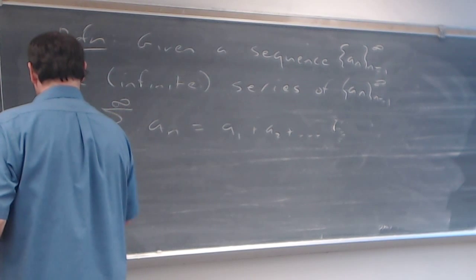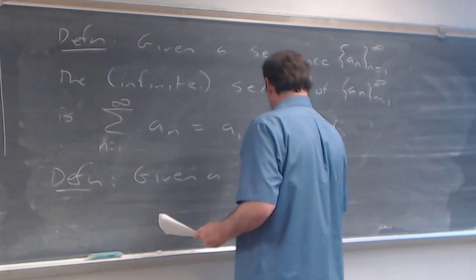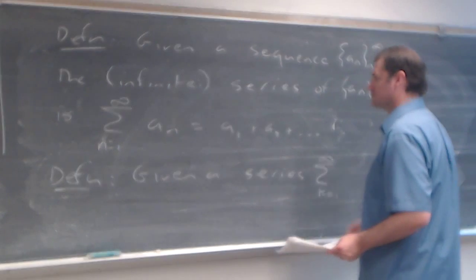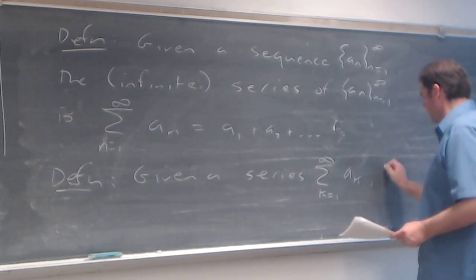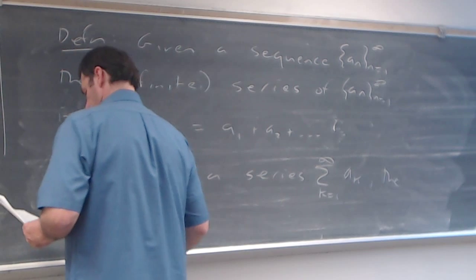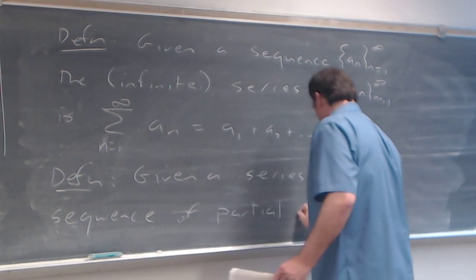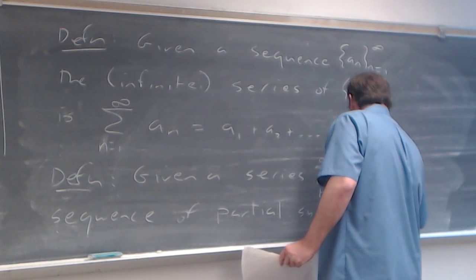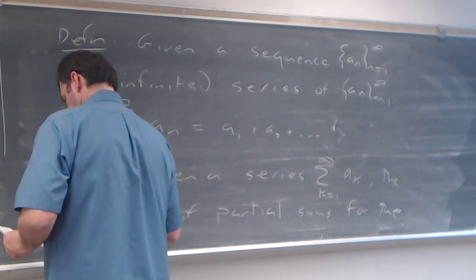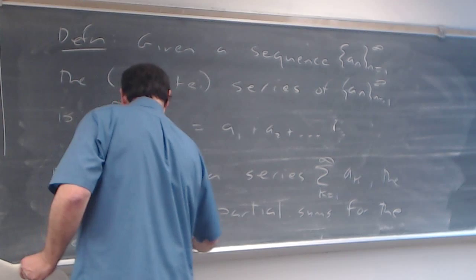Now, given a series, sum, maybe we'll write it as k runs from 1 to infinity of A sub k, the sequence of partial sums for the series is, well, we're going to call it S sub n, as n runs from 1 to infinity.